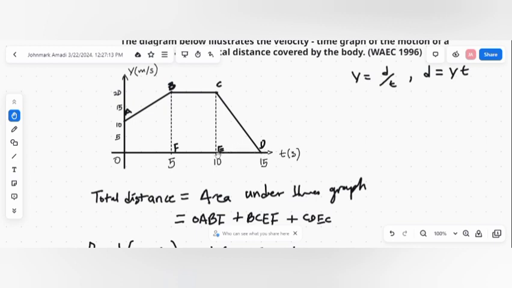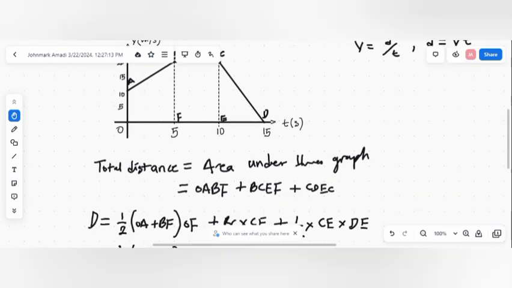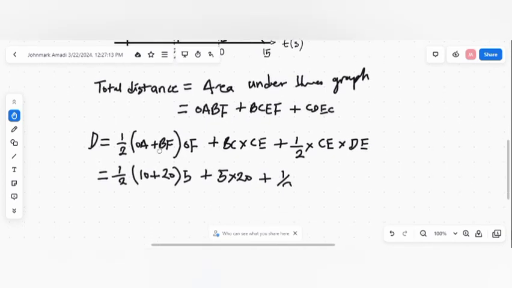I hope you know how we got 5: 15 minus 10 gives you 5. While from C to E is 20, with respect to the v-axis. So this will be 20 times 5.